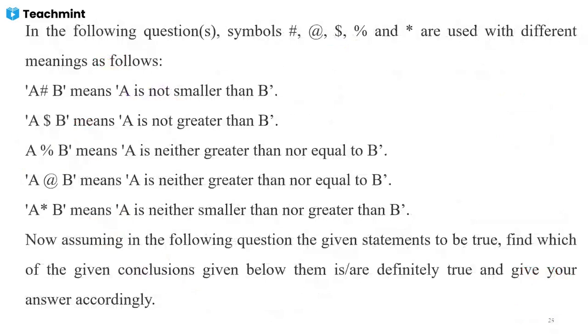Now back to that. Guys, this question, we'll write the symbols. Then you need to solve the question, because today itself, this is the third question we are discussing. Not smaller than, not greater than, neither greater nor equal. Both are same.